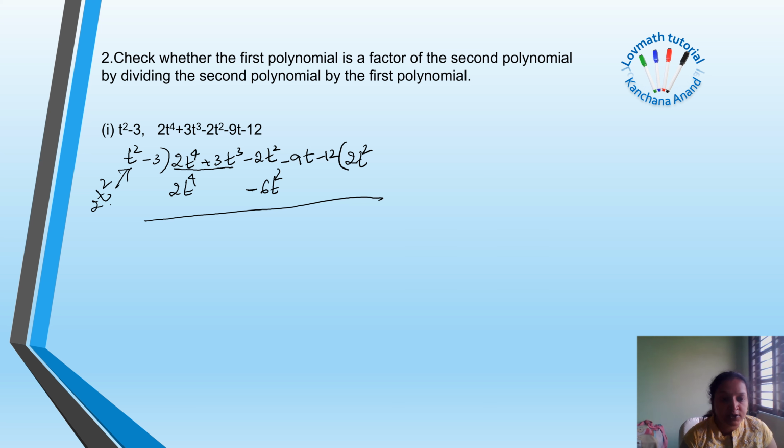So here plus 2t to the power of 4 becomes minus 2t to the power of 4 and here minus 6t square becomes plus 6t square. Here plus 2t to the power of 4 and minus 2t to the power of 4 get cancelled. And we will write this 3t cube as it is. In the next part, minus 2t square plus 6t square becomes plus 4t square.